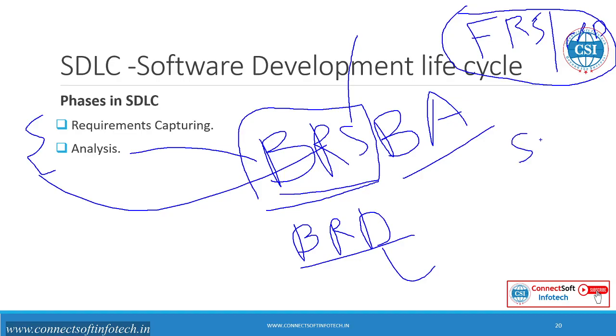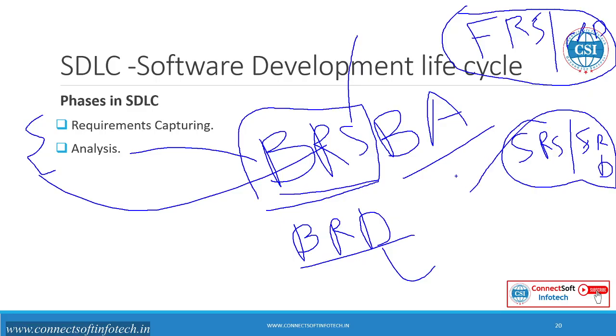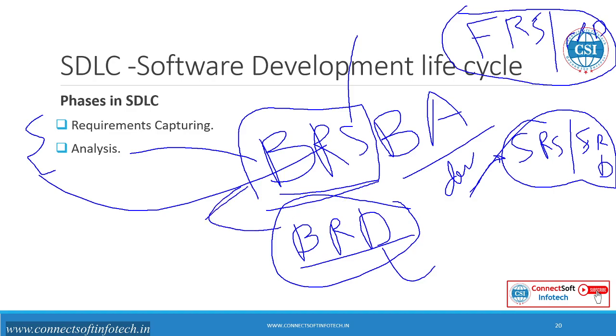Then SRS or SRD, that is software requirement specification or document. This document is generally referred to by developers. According to this they are going to write the code. And BRD, business requirement specification or document: who will create this? The business analyst. Here the business requirements are written, but at a high level.